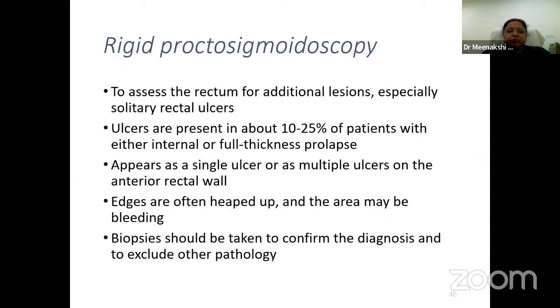Then the rigid proctosigmoidoscopy to assess the rectum for additional lesions, especially when the patient has rectal prolapse with a solitary rectal ulcer. So that is an important investigation. And whenever you have some suspicious lesion or whenever there is a solitary rectal ulcer, you must take a biopsy from that solitary rectal ulcer to rule out any associated neoplasm.